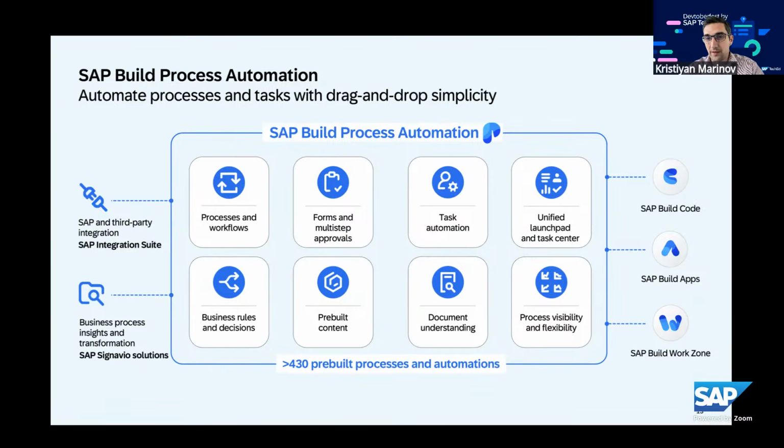We'll see that in a bit in the demo, but again, to reiterate, it's part of the whole portfolio. It integrates with all of the other tools, and it offers a lot of capabilities already. On top of that, it also comes with a lot of pre-built processes and automations covering standard processes.